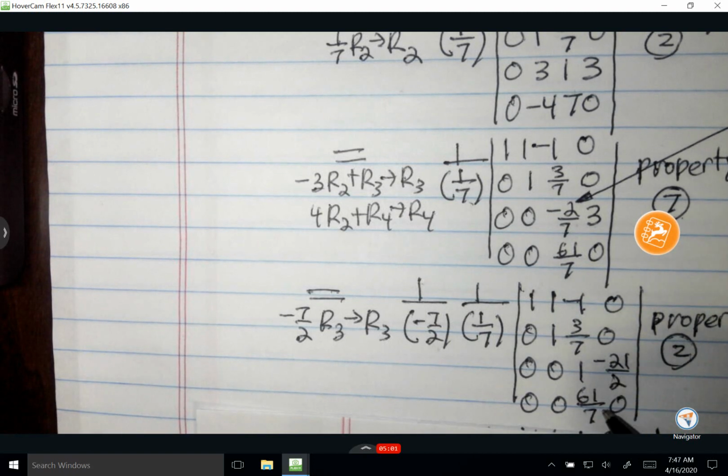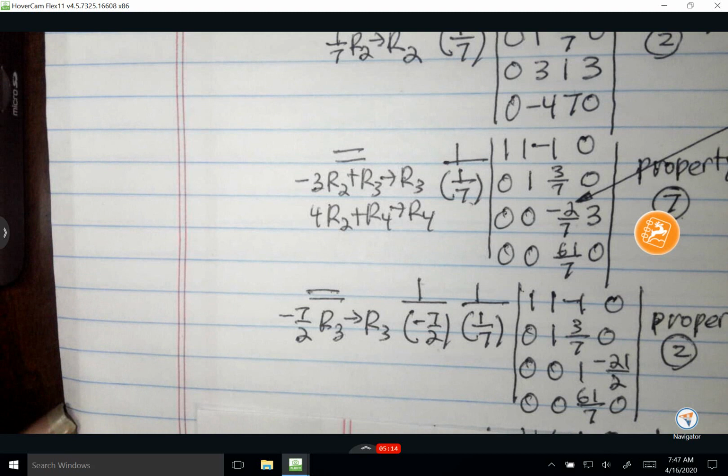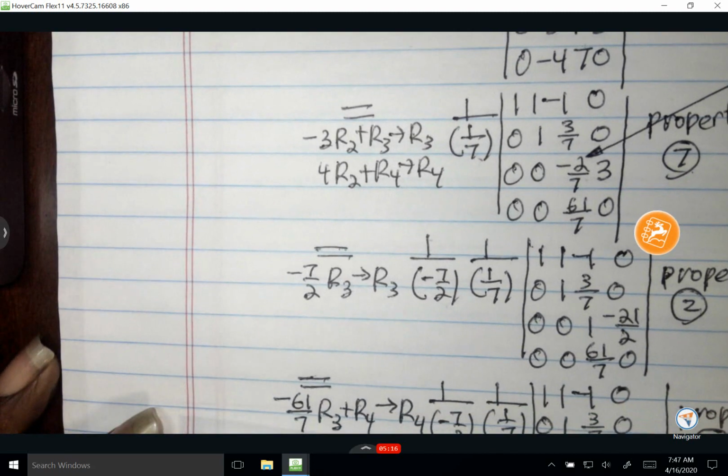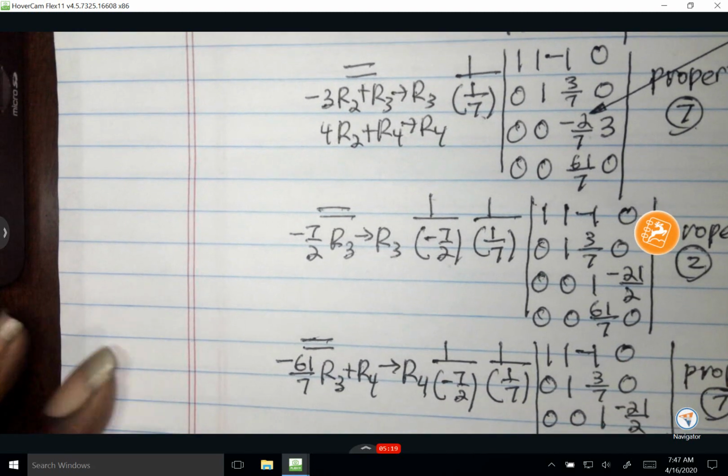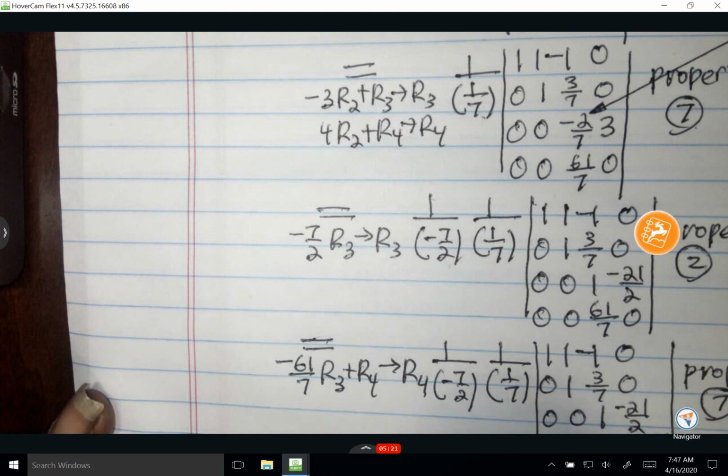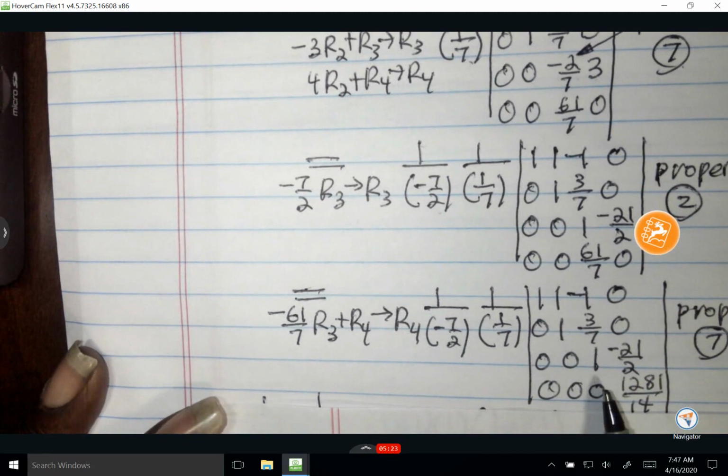Now we have to make this a 0. You know what to do. And that elementary row operation does not change the determinant by property 7, so we're equal again. And so we get this determinant.